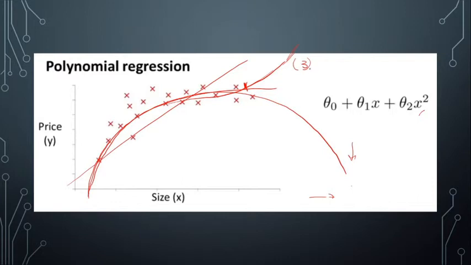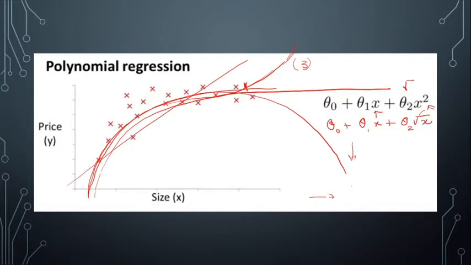In this case, we can also choose the polynomial part as this, which is of a square root form. So we can write our equation as theta naught plus theta 1 x plus theta 2 root x. There is just one variable in this, and we are just taking different degrees of it. So for the size, we take size plus some different coefficient times its square, or the size plus some different coefficient times the square root of it.